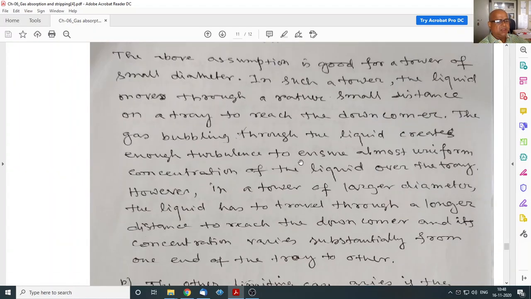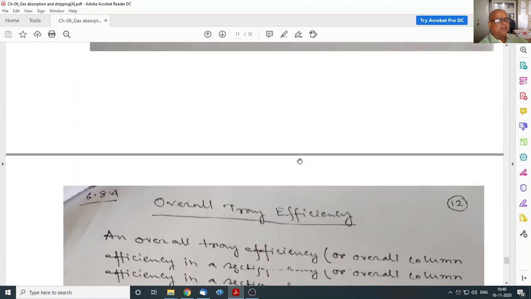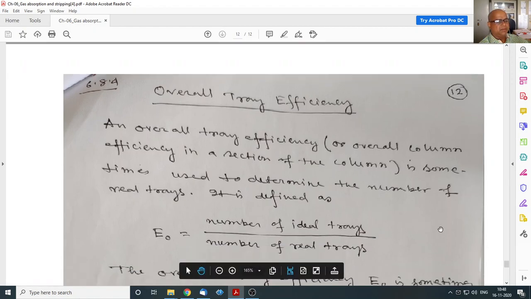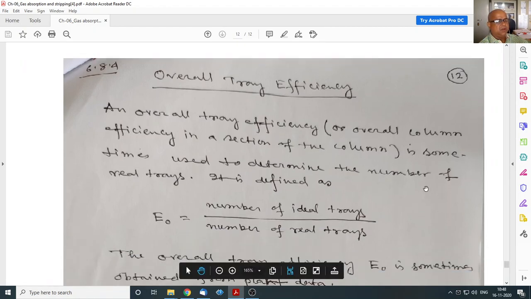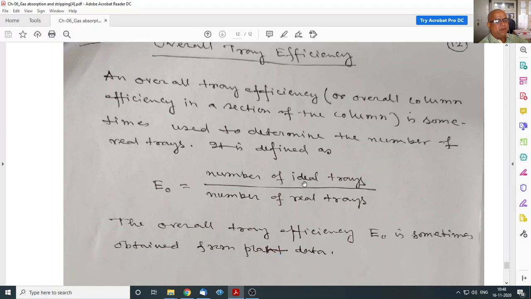But then there is another efficiency, called the overall tray efficiency. What is overall tray efficiency? An overall tray efficiency, or overall column efficiency in a section of the column, is sometimes used to determine the number of real trays. It is defined as the number of ideal trays divided by the number of real trays. You understand?